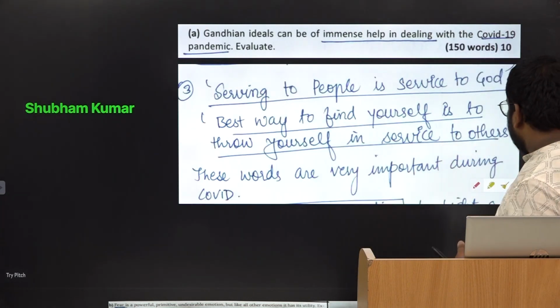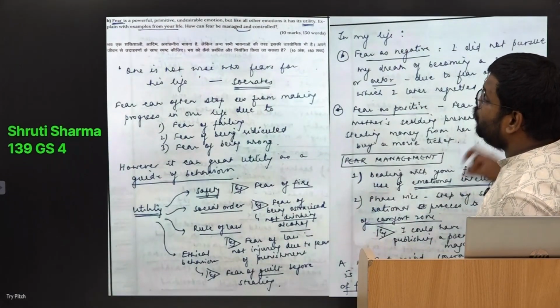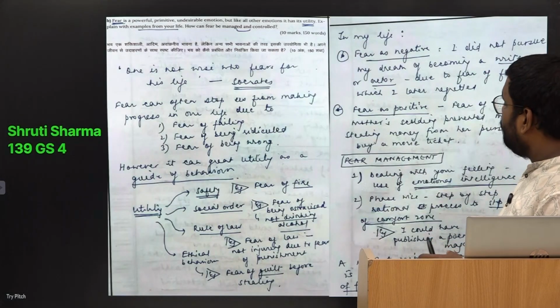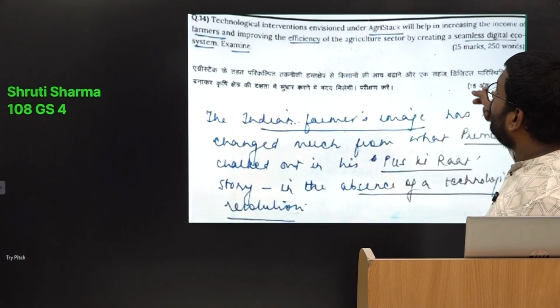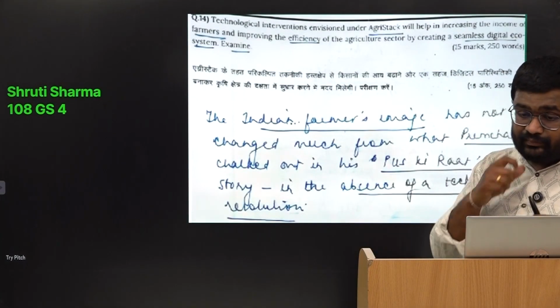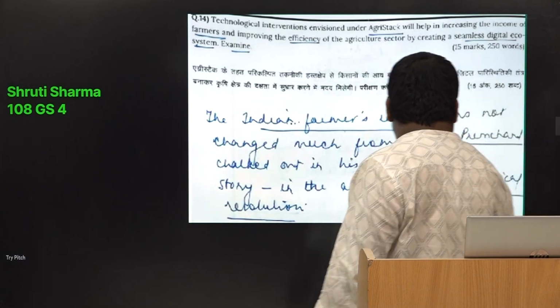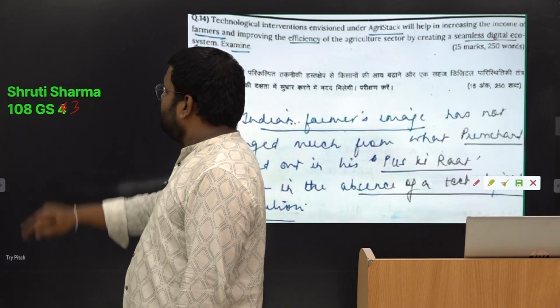One more innovative way is, again, this is Shruti Sharma. Again, she has started with a quote of fear. But the one I wanted to highlight was this one. It is not GS4, she has it in GS3.